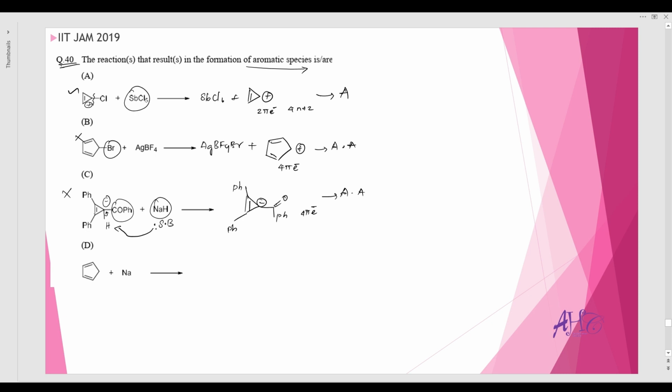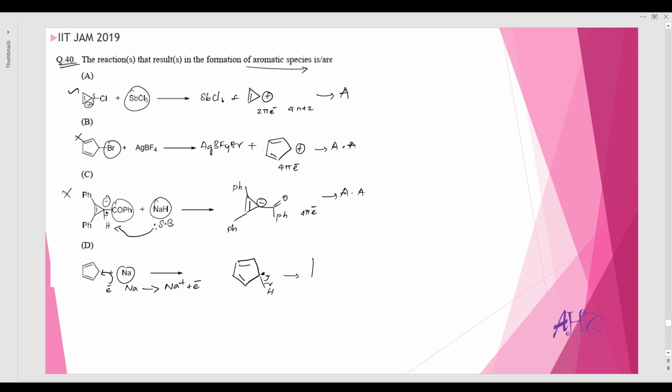So option D ல வந்து பாருங்க, option D ல என்ன இருக்குன்னா they have given a 5-membered ring with sodium. So sodium என்ன ஆகும், sodium will always give Na plus and an electron இந்த மாதிரி வந்து ஃபார்ம் ஆகும். ஸோ இந்த 1 electron வந்து என்ன ஆகும்னா this is going to attack your sp3 hybridized carbon மேலே அட்டாக் ஆகும். Okay, so further என்ன ஆகும்னா we have 2 hydrogens. ஸோ ஒரு ஹைட்ரஜன் வந்து homolytically cleave ஆகும்.